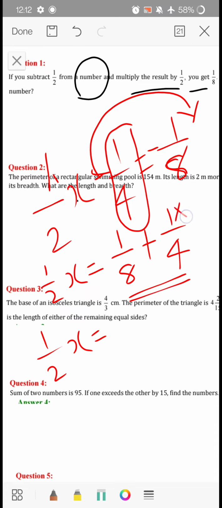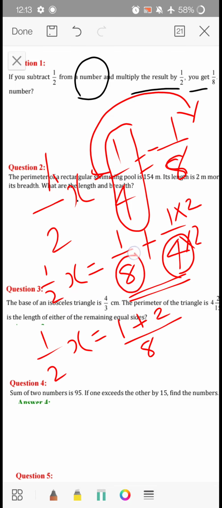Hence this will be multiplied by 2, because you need to make 4 into 8. So 1 plus 2 upon 8. We are not multiplying this other number by any, in short you are multiplying it by 1, because this is already 8. So no need to multiply, right? So 1 upon 2x is equal to 3 upon 8.